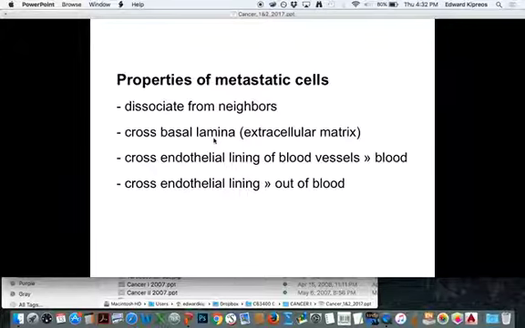Okay, so one thing is they have to start moving. A lot of these cells don't move, right? And in fact, how many of these capabilities they have determines how easy it is to get metastasis for that thing. So one thing not even listed here is they've got to be able to move.